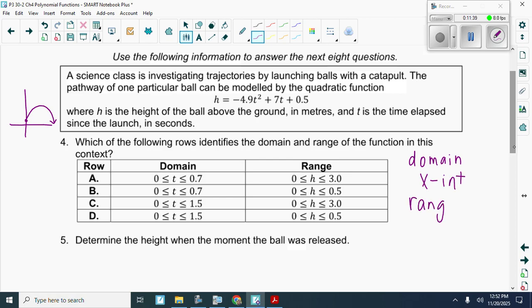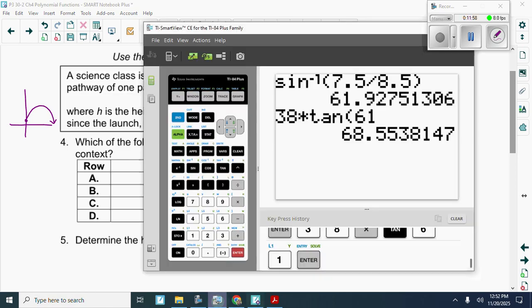For your range, you need to see your min or your max, depending on what kind of equation we have. Because we're talking about a downward facing parabola, we have a maximum. So you need to actually put the equation into your calculator. Let's go ahead and do that together. Make sure you're good with that.